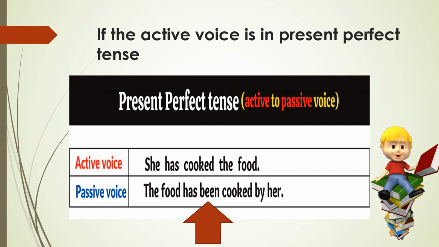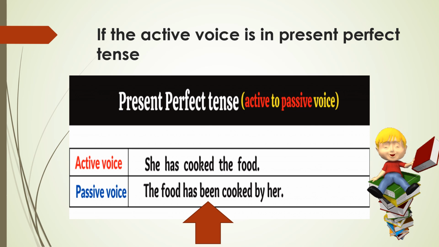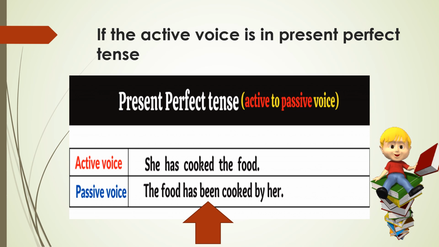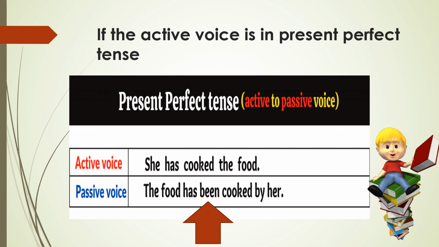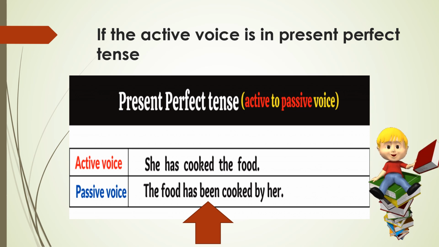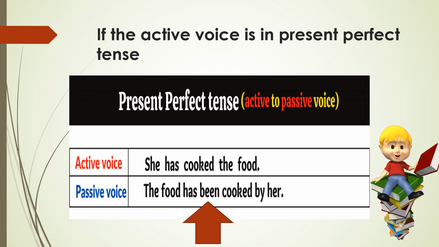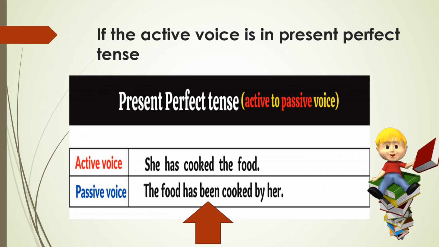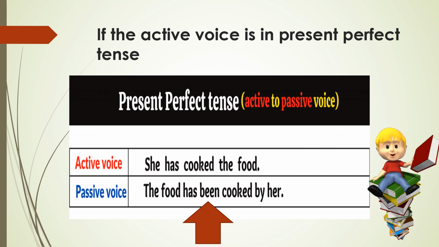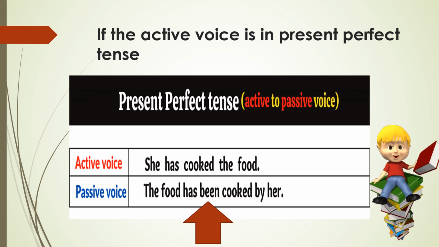She will be changed into her. So this is how you convert present perfect active structures into passive voice. You have to add the word been after has, and the rest of the rules will be followed the same: there will be the third form, then the word by, and then the subject. This is how you convert different sentences given in active voice in present tense into their passive structures by following these rules.